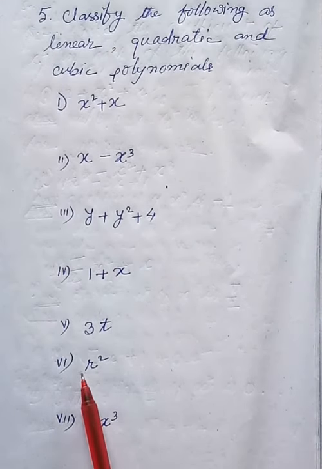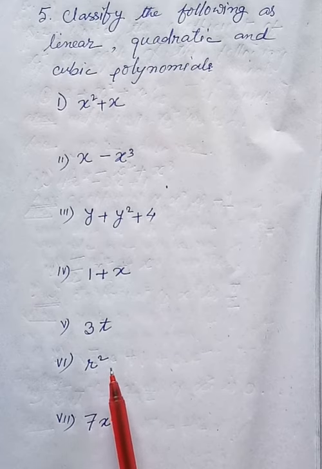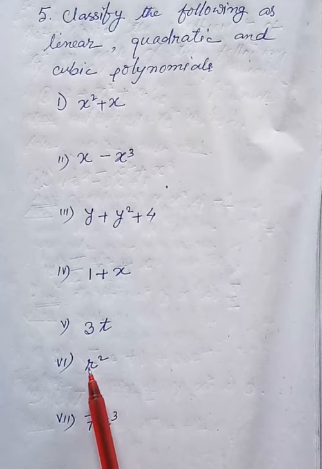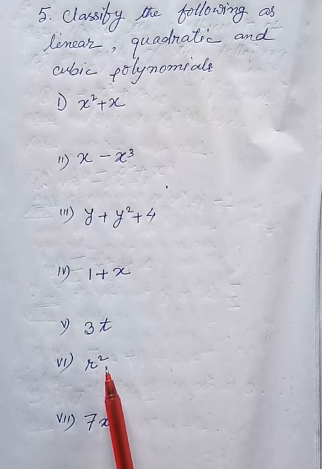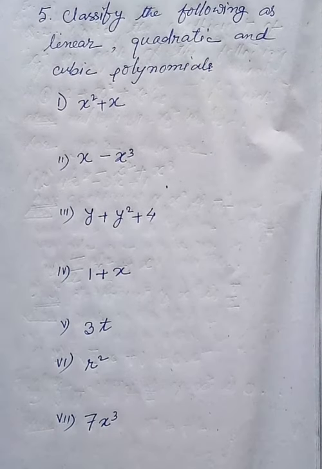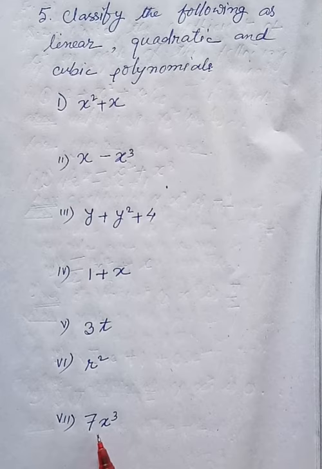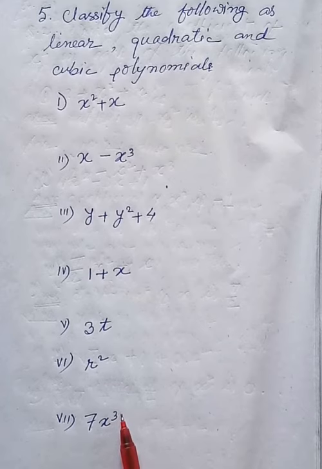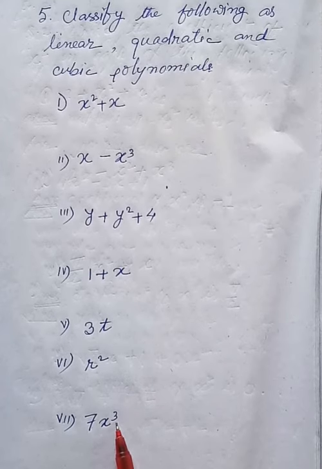And in this polynomial you observe r square. So the highest power of the variable is 2. Its degree is 2. So what type of polynomial is it? It is a quadratic polynomial. And lastly, 7x cube. In this polynomial, the power of the variable is 3. This is the highest power of the variable, that is 3.